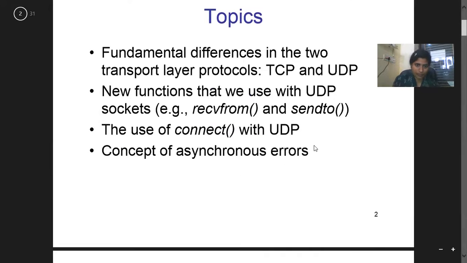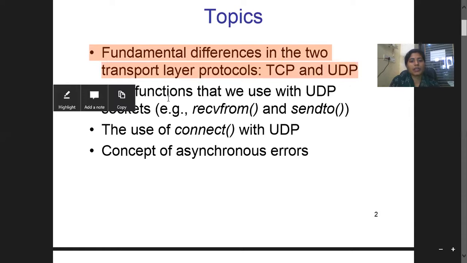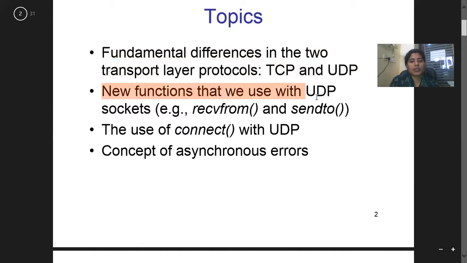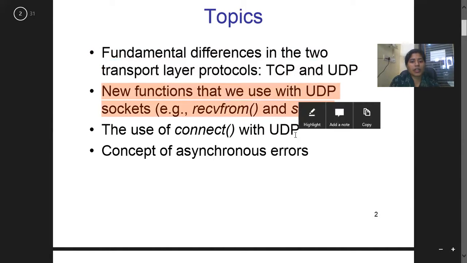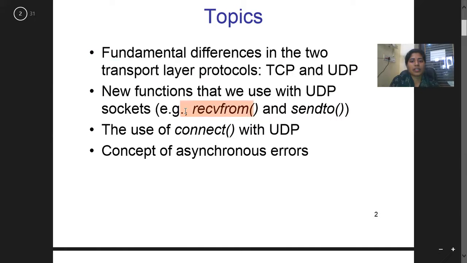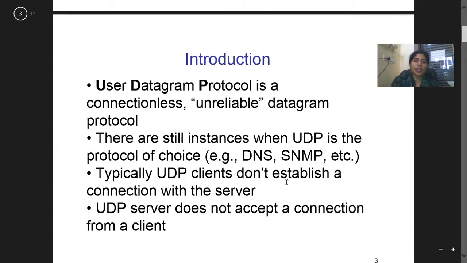Today's topic is the fundamental differences between the two transport layer protocols, TCP and UDP, and the new functions we use with UDP sockets: the recvfrom and sendto functions, the use of the connect function with UDP, and the concept of asynchronous errors. As a basic introduction, UDP is a connectionless and unreliable datagram protocol.